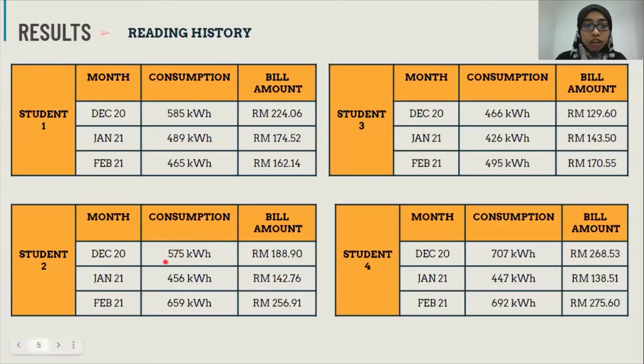Student 2, 575 kilowatt hours to 456 kilowatt hours. Student 3, from 466 kilowatt hours to 426 kilowatt hours. And lastly, student 4, from 707 kilowatt hours to 447 kilowatt hours.